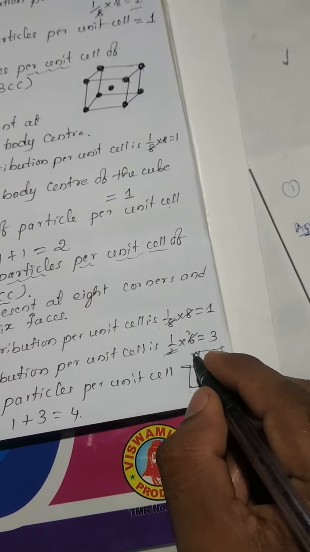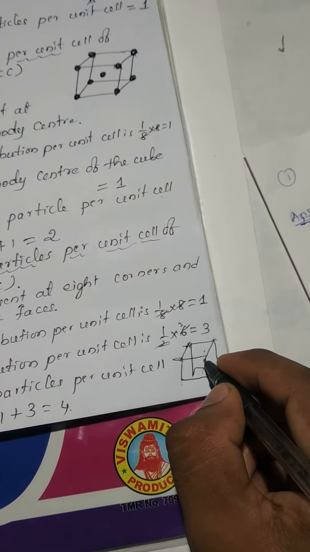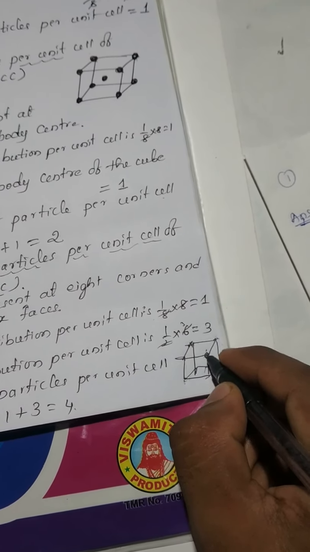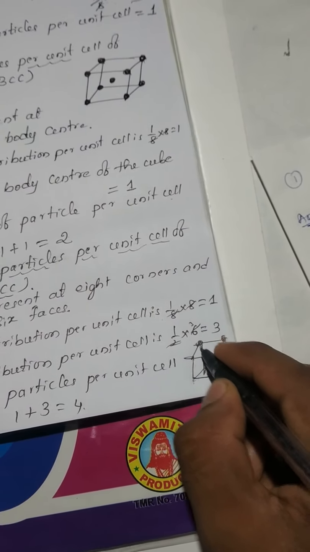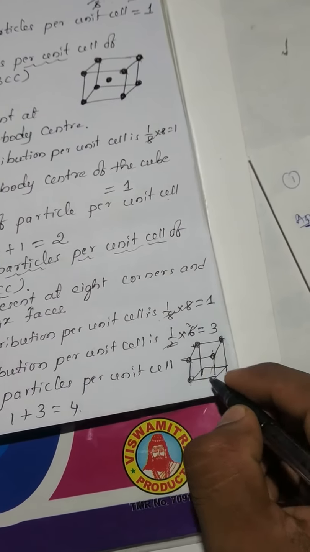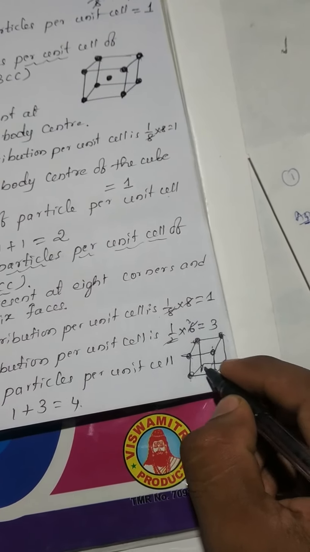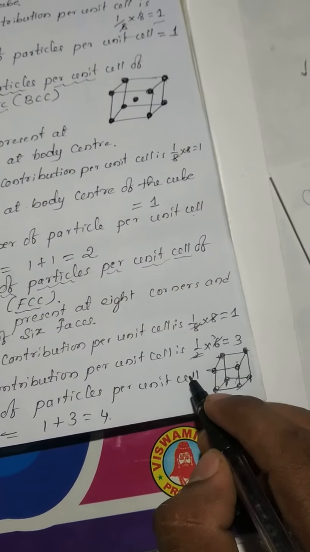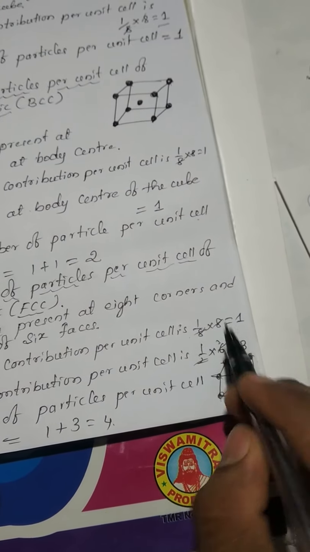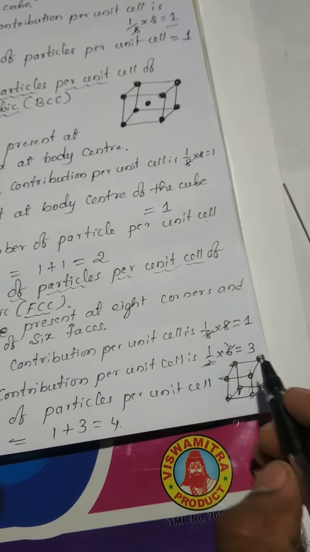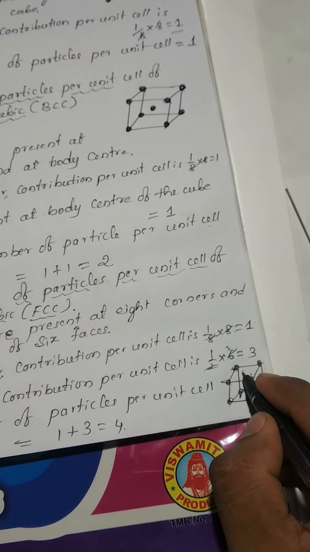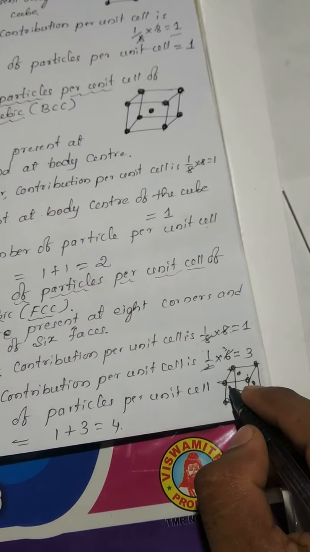So these are the corner particles. Each corner particle donates 1 by 8th portion, hence here 8 corner atoms are there, 1 by 8 into 8 is equal to 1.